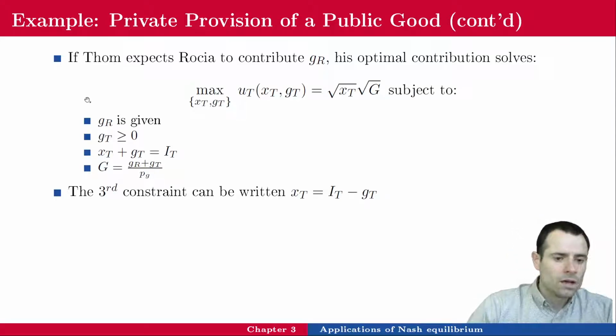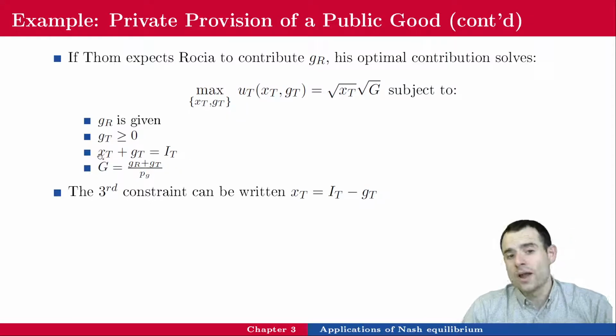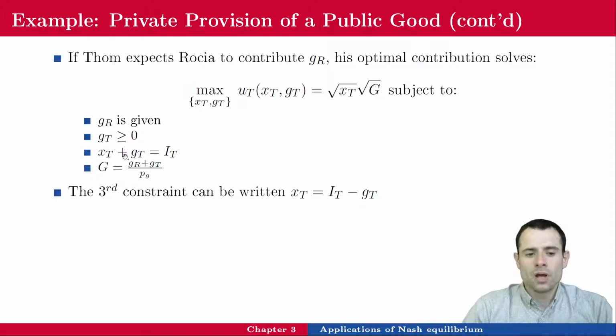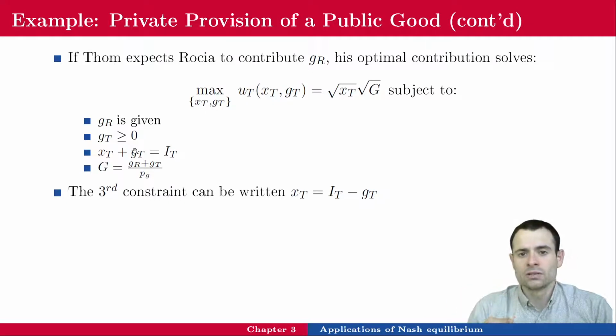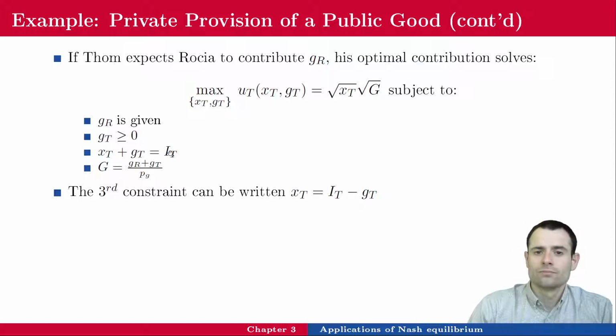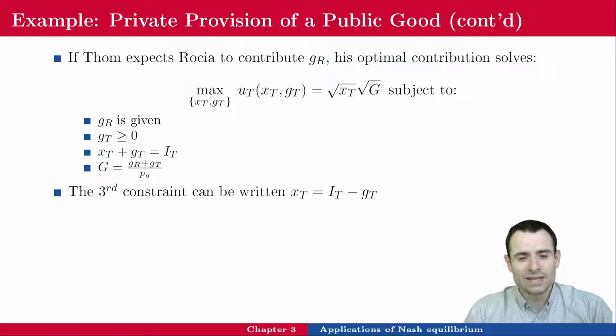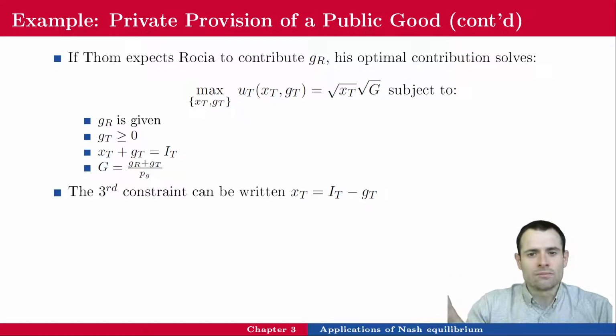So, if you look here at Tom's budget constraint, his budget constraint is the price of X, which is 1, times X. That's how much money he's going to spend on X, plus how much money he gives as a contribution to the public good, equals his income. So he's not the one buying PG times big G. He is only chipping in with some money.